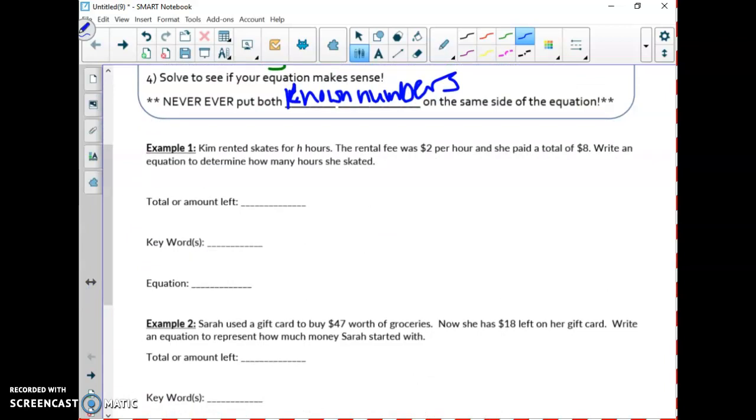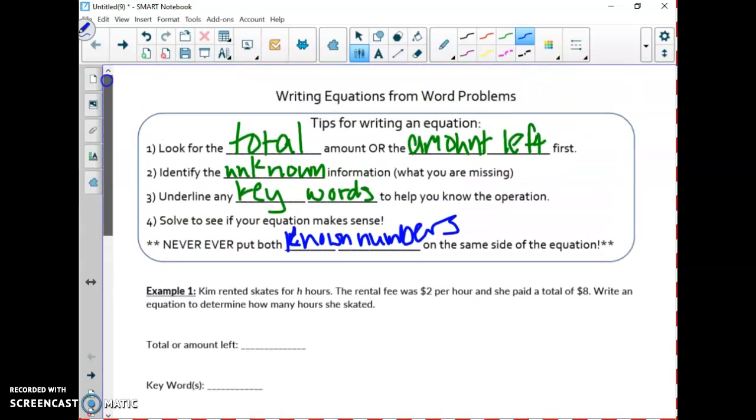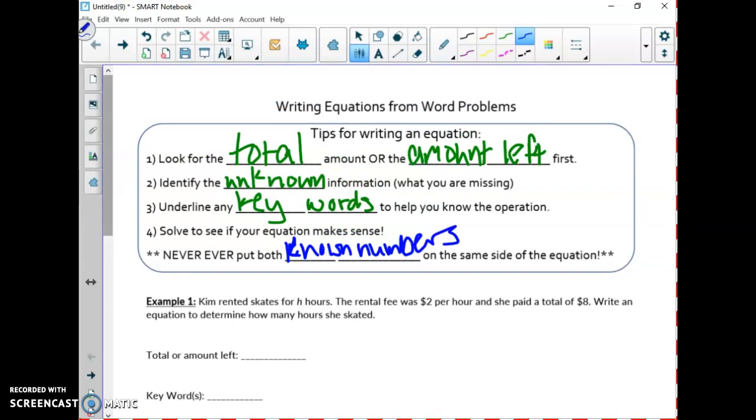All right, so Kim rented skates for 8 hours. The rental fee was $2 per hour and she paid a total of $8. Write an equation to determine how many hours she skated. So remember, our first step is we are looking for either the total amount or the amount left over. So first, which one do I have? Do I have the total or do I have the amount left over?